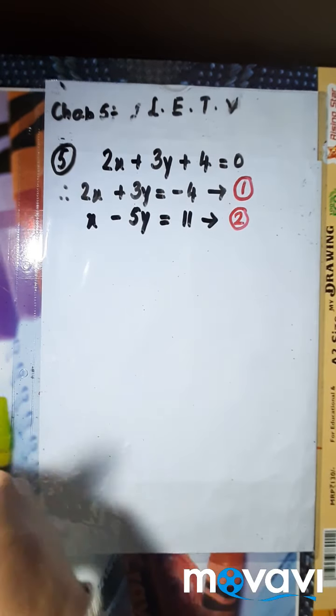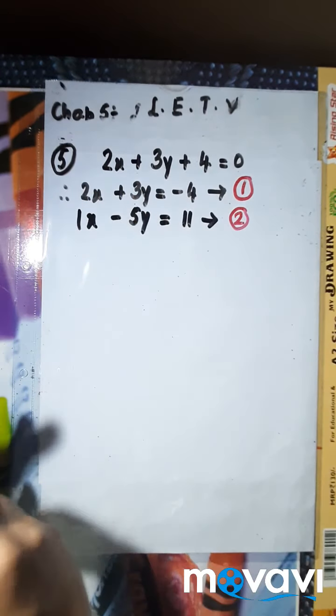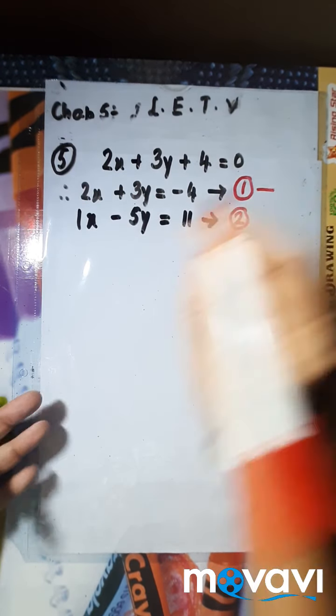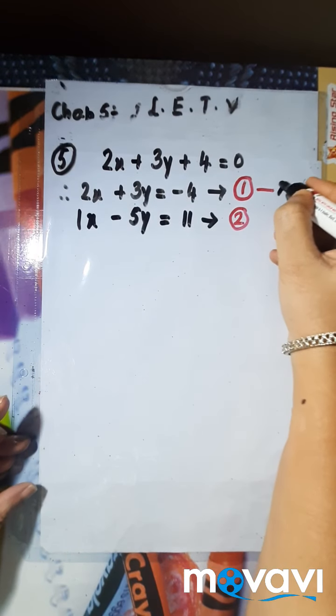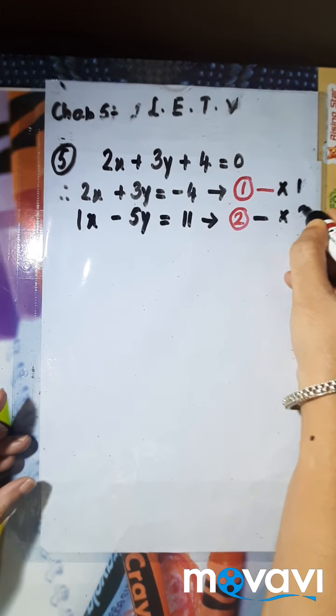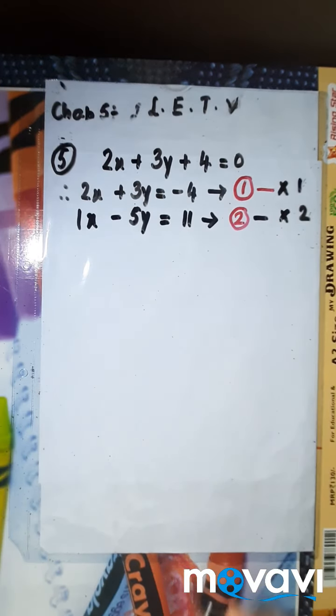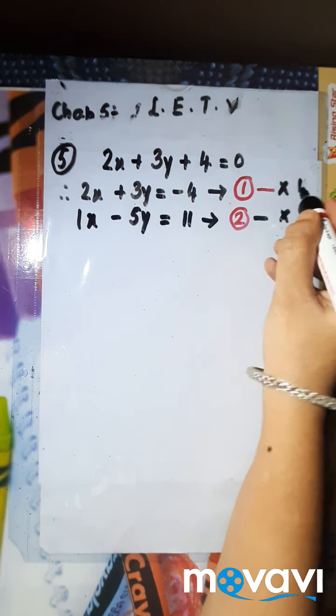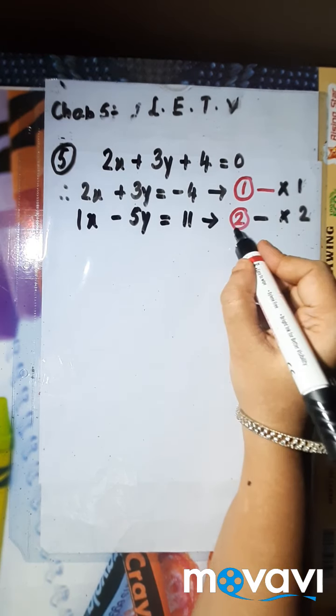So look at the coefficient. This is 2 and 1, not the same. 3 and 5, not the same. So you multiply this equation by 1 and you multiply this equation by 2. Please see that you write that statement. Multiplying equation 1 by 1, multiplying equation 2 by 2.